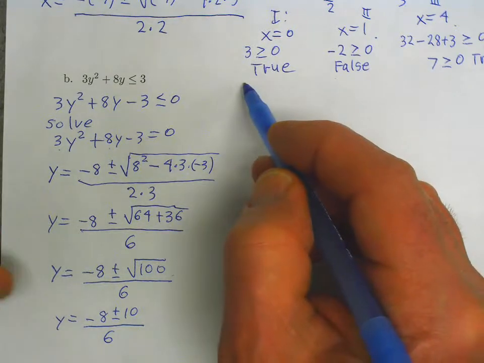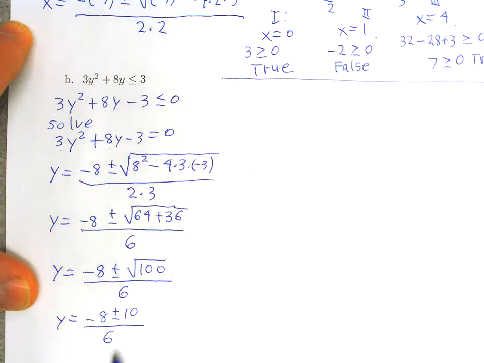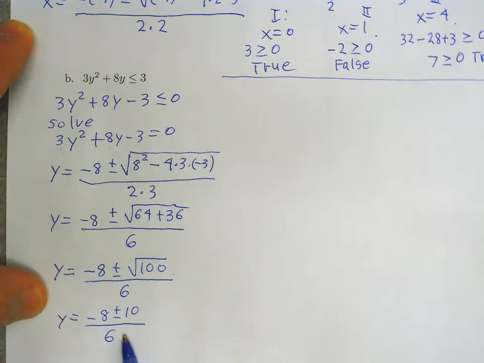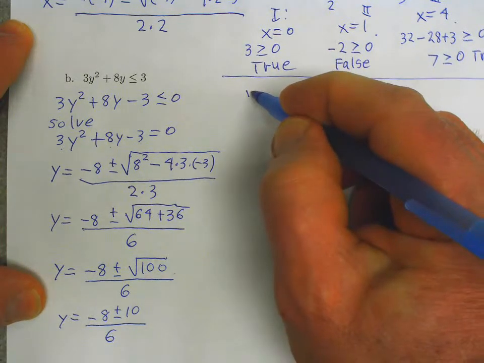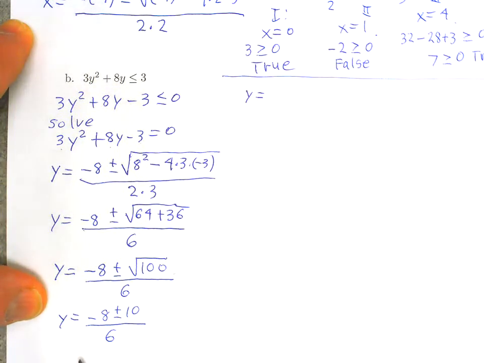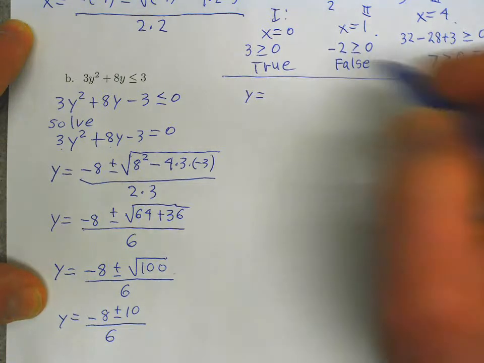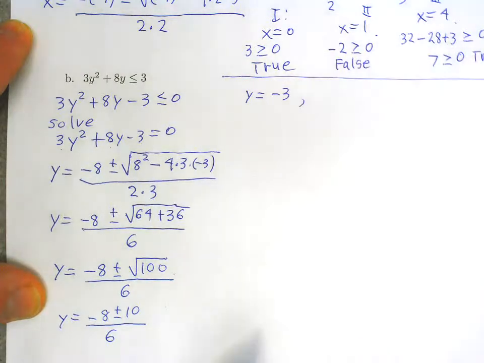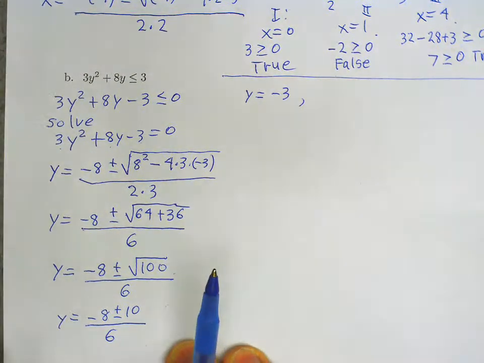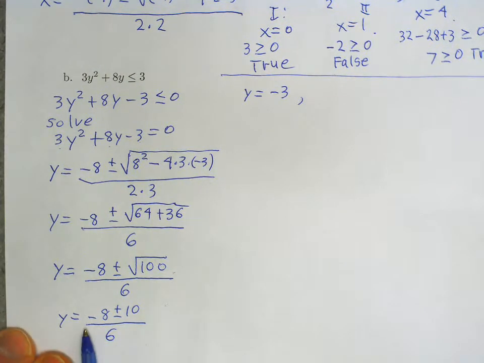Okay, so up here we'll write the solutions separately, since we need to know the separate solutions. So one is -8 minus 10 divided by 6. So -8 minus 10 is -18, and -18 divided by 6 is -3. The other solution is -8 plus 10 divided by 6.